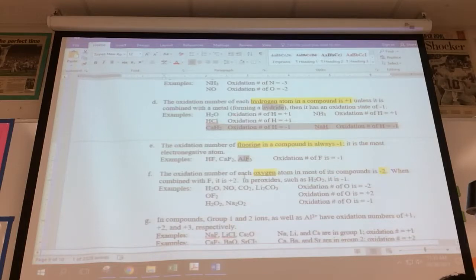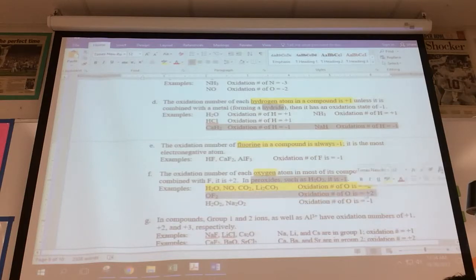The oxidation number of each oxygen atom in most of its compounds is -2. So usually oxygen's -2. When it combines with fluorine, it's typically positive, usually +2. And in peroxides, such as hydrogen peroxide, that's what you find in your bathrooms you clean wounds with, it's -1. So for all of these, oxygen is going to be -2.